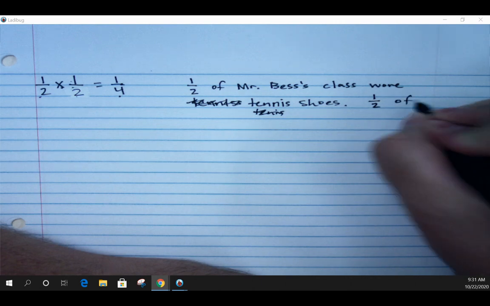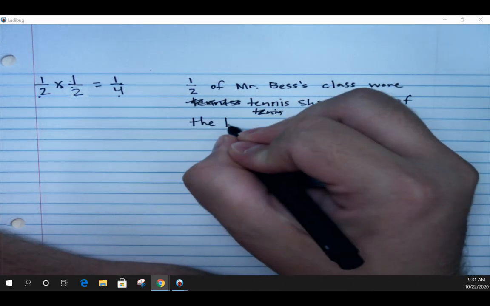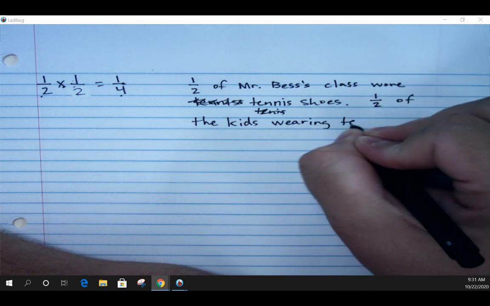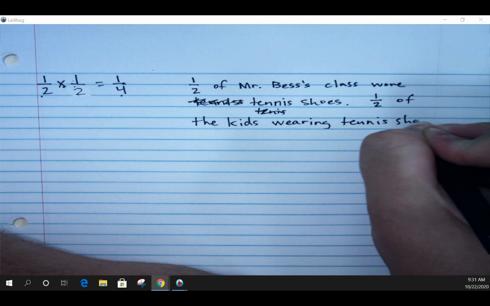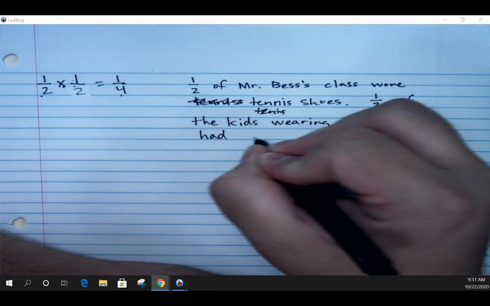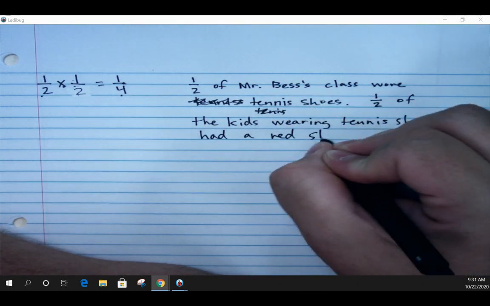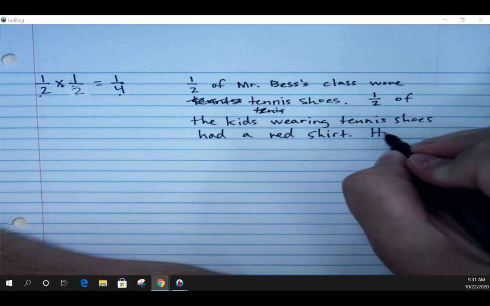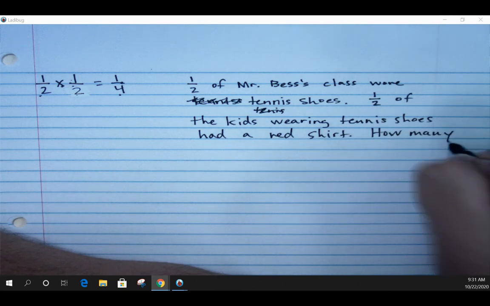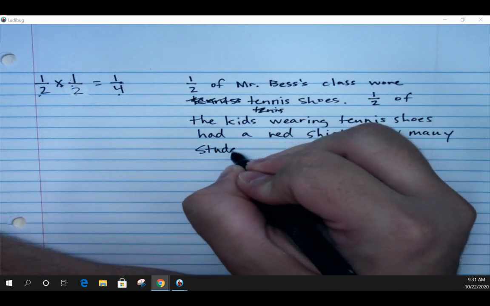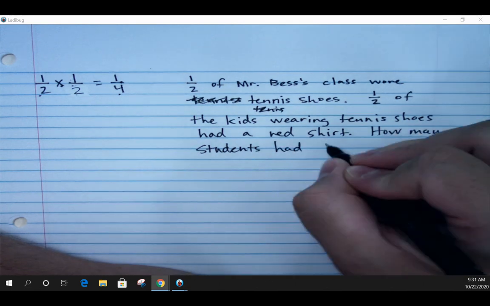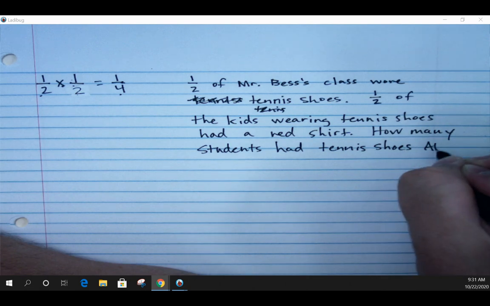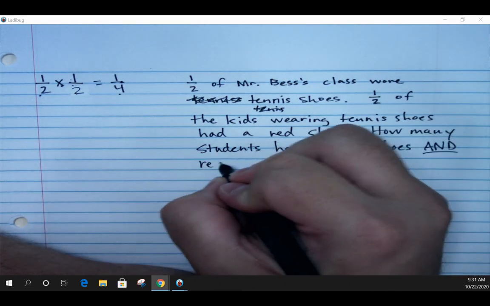1/2 of the kids wearing tennis shoes had a red shirt. How many students had tennis shoes and red shirts?